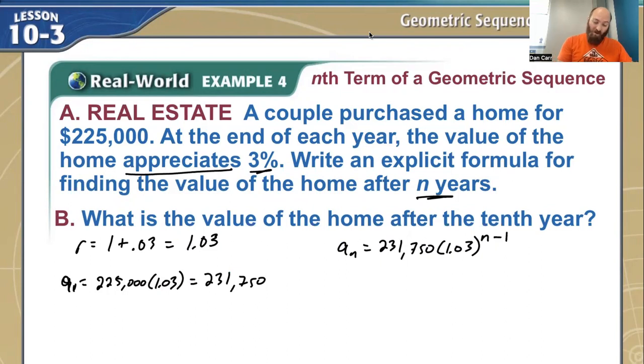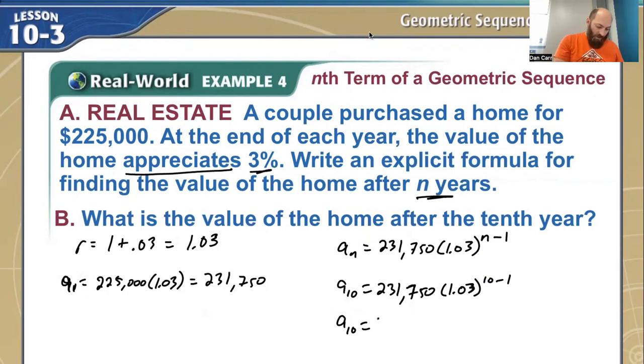So for part B, finding the value after the 10th year, now I can do a sub 10. Again, a sub 1 is the end of the first year, valued at 231,750. This is going to be the end of the 10th year. So 231,750 times 1.03 raised to the 10 minus 1 power, which is 1.03 raised to the 9th power.